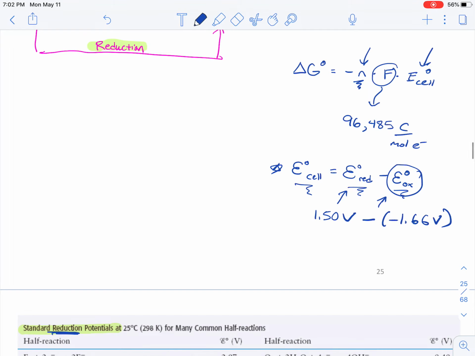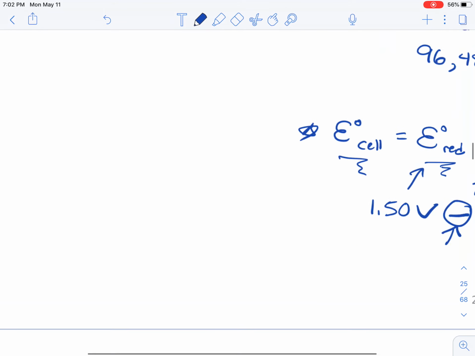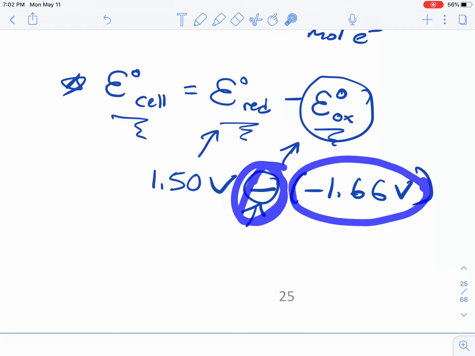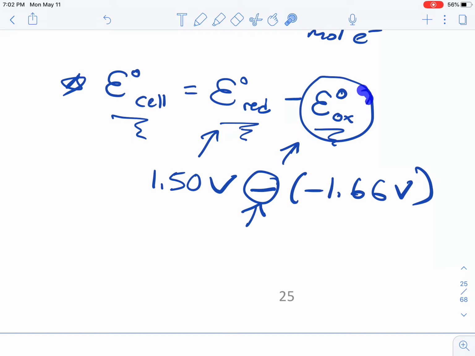So please don't forget this negative. This negative here will convert this standard reduction potential into the standard oxidation potential. All right, so adding through, we're going to take 1.50 and we're going to add that by 1.66.